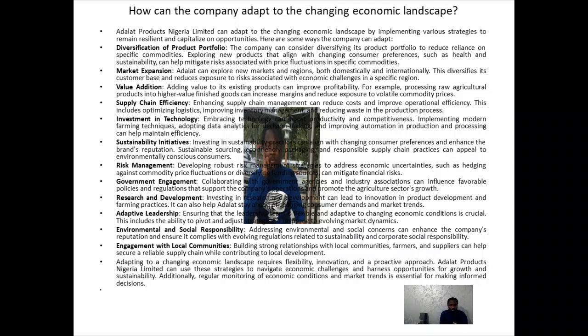Value addition. Unlike Adalat just having the crude, let's say cassava production, cotton production, cashew production, all those were mentioned in the first video. Those are some of the products. But can Adalat refine it? Can we have value addition to it? When an organization sells raw material, they make less money.